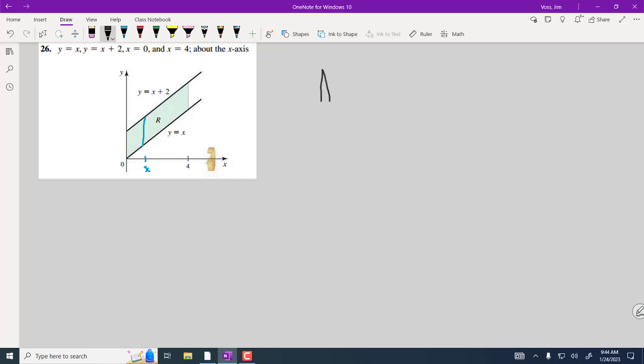We want the area of a washer. All right, the area of a washer, we know that that's pi times the outer radius squared minus the inner radius squared. So we're going to come back over here. We're going to identify the inner and outer radius. So this one right here is the inner radius. This one right here is the outer radius. So the outer radius is going to be the curve that's above.